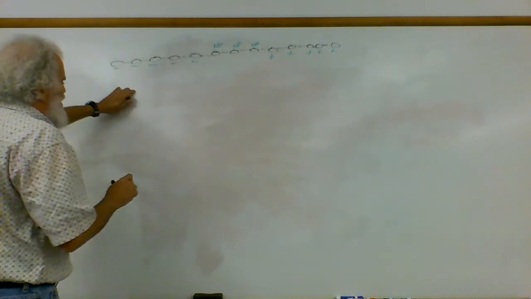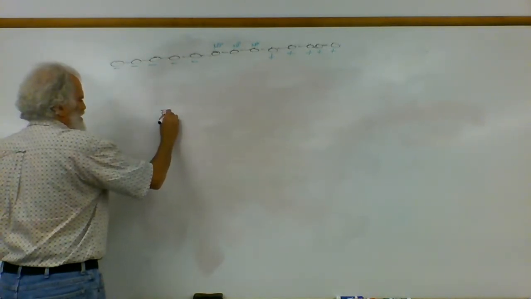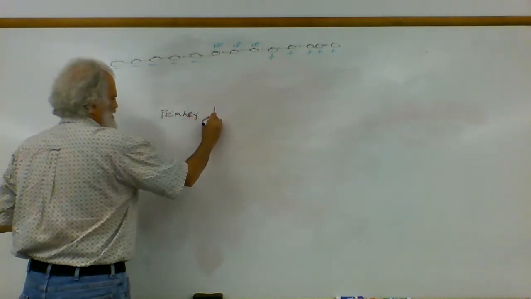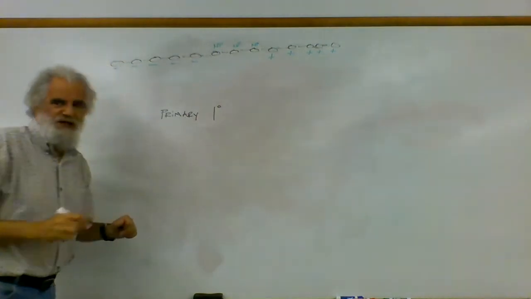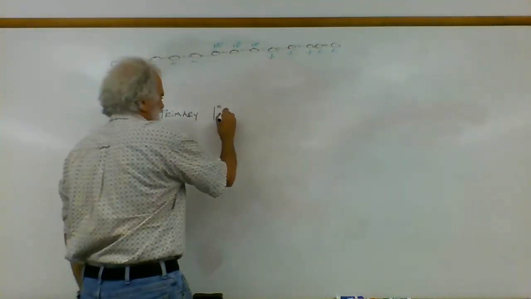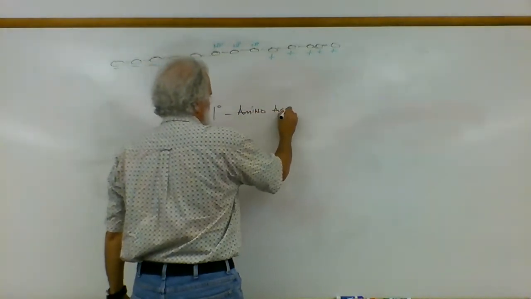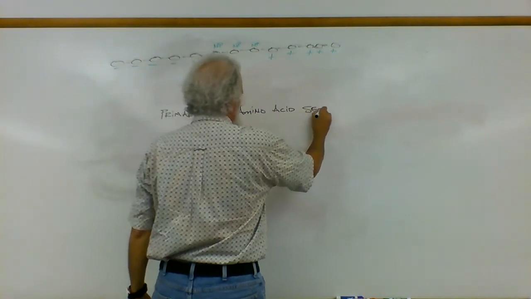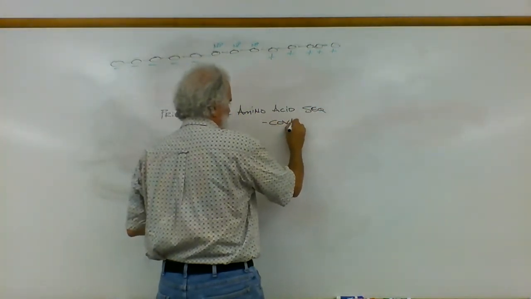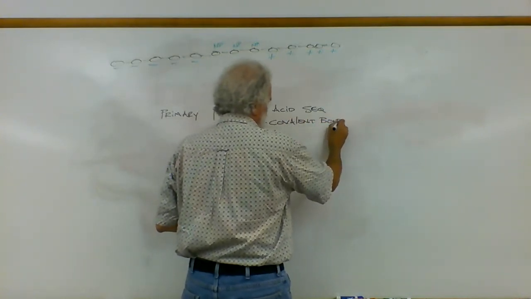We have what's known as the primary structure. That's abbreviated as a 1 with a degree symbol on it. The primary structure is defined as the amino acid sequence, and it's held together by our toughest bond, the covalent bond.